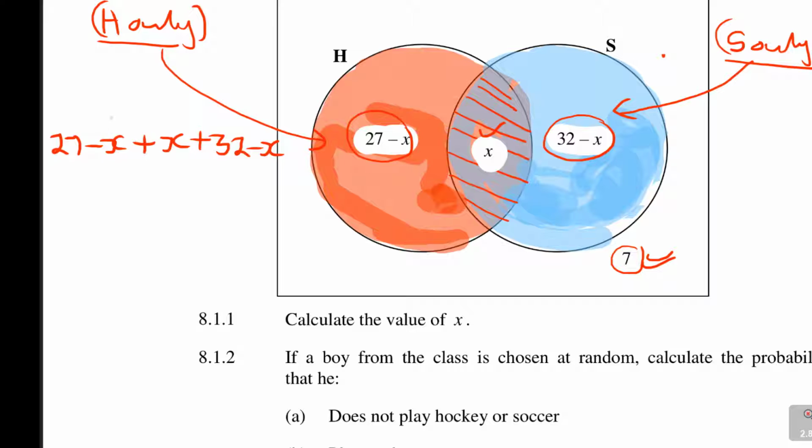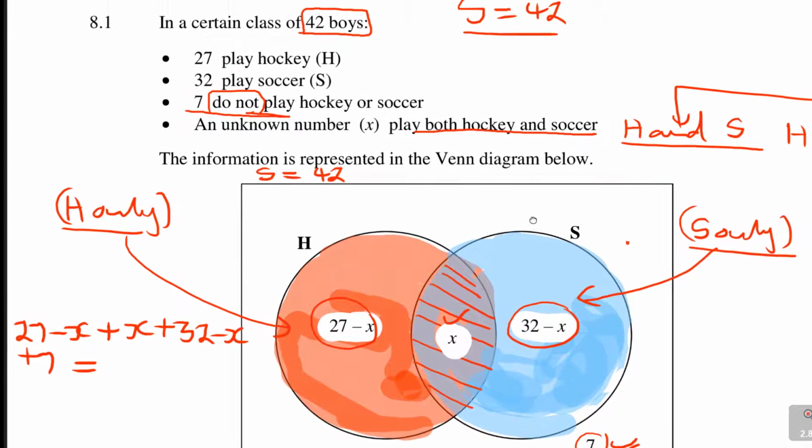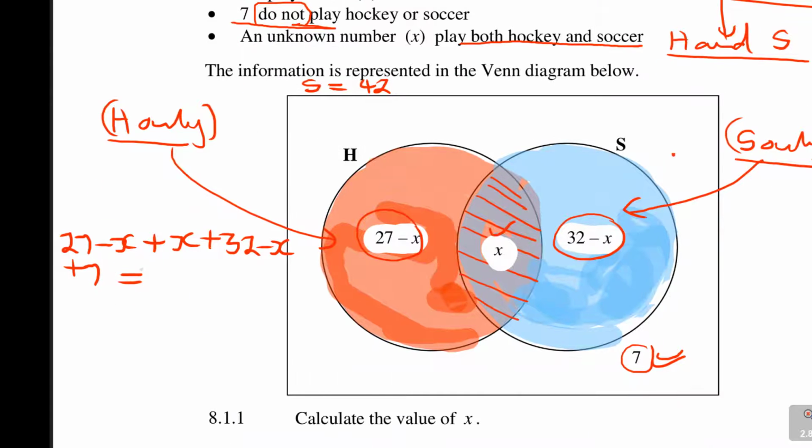So you say plus 7. So when you add plus 7, this must give us the total number. If you say 27 minus X plus 32 minus X plus 7, it must give you the total number of boys in the class, which is 42. That is where the whole trick is.